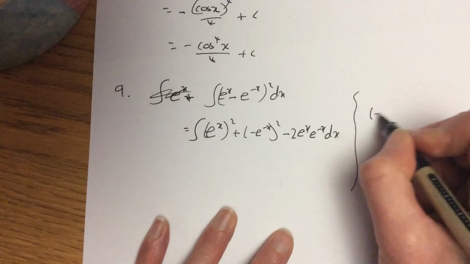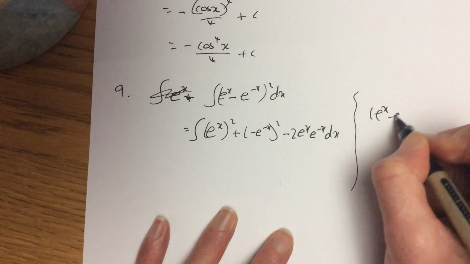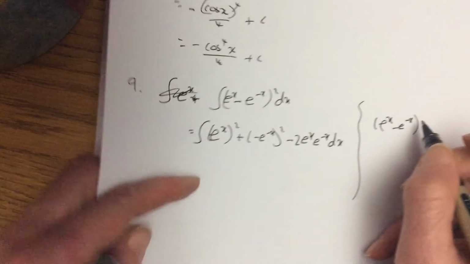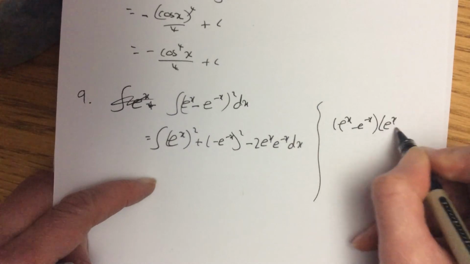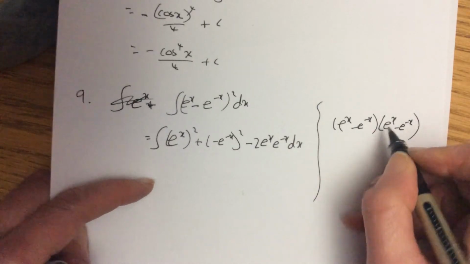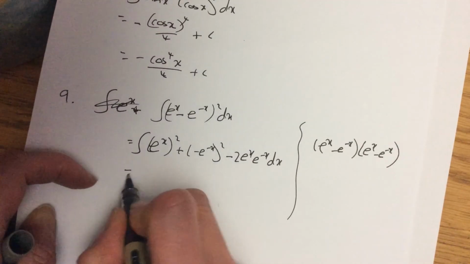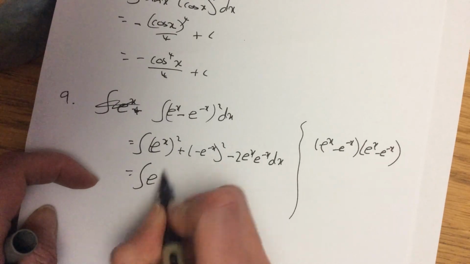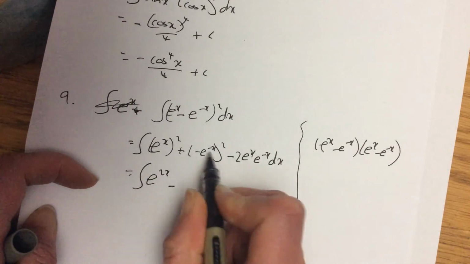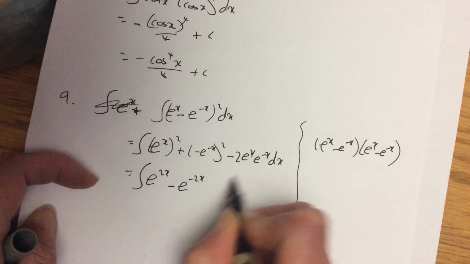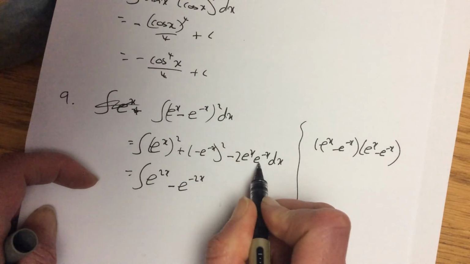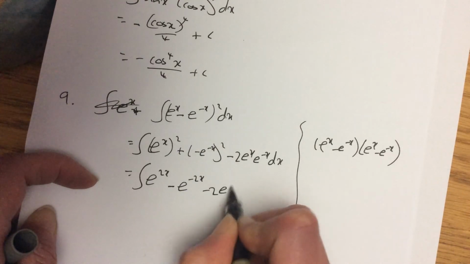Or you could write out e to the x minus e to the minus x, write the bracket out twice, and just times out the long way. Doesn't matter, you get the same answer either way. Power to power means multiply. Multiplying two numbers, you add the powers, so that's e to the 0.